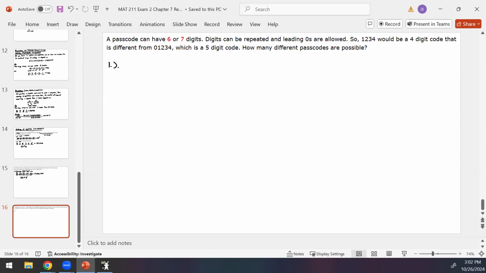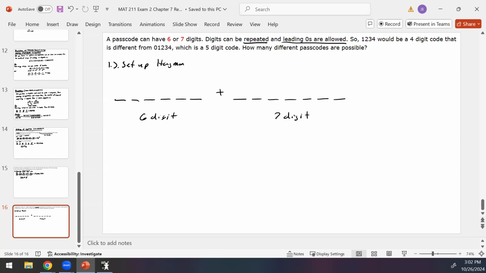So step 1 is to set up your hangman. So for the 6 digits, 1, 2, 3, 4, 5, 6. And then for the 7 digits, 1, 2, 3, 4, 5, 6, 7. So these are the 6-digit, and these are the 7-digit. Okay. They can be repeated and leading zeros are allowed, which means you have to remember this.